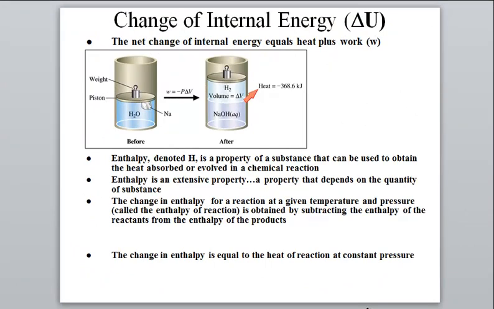So on this page, we're going to add another letter to your alphabet. We've introduced Q and U, heat and internal energy. On this page, we're going to bring H to your vocabulary. H is an abbreviation for another energy term called enthalpy. What exactly is enthalpy? It's an energy, and it's an energy state of our chemicals.